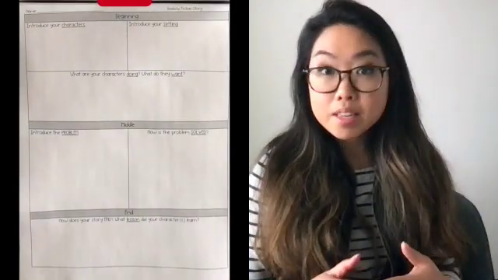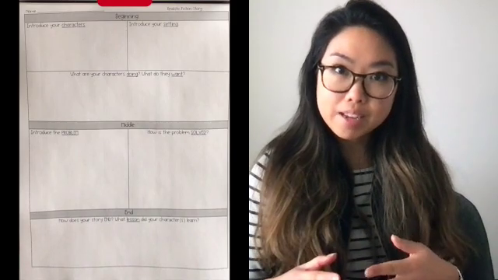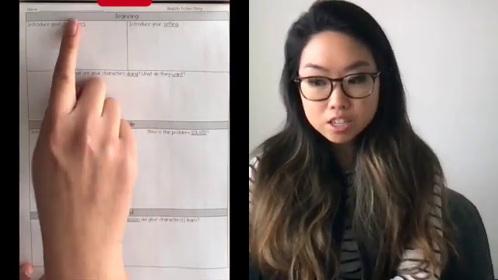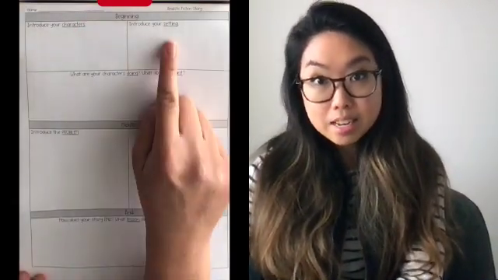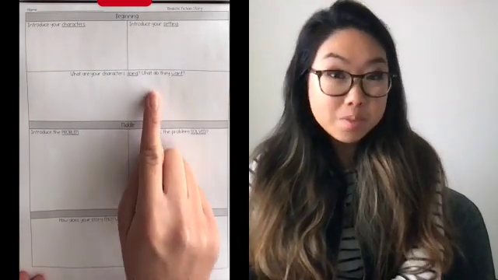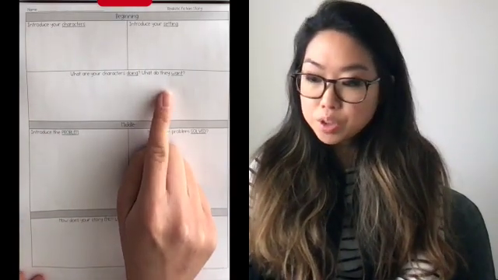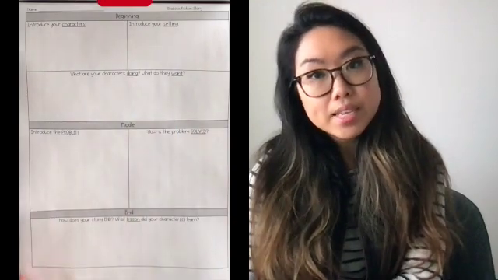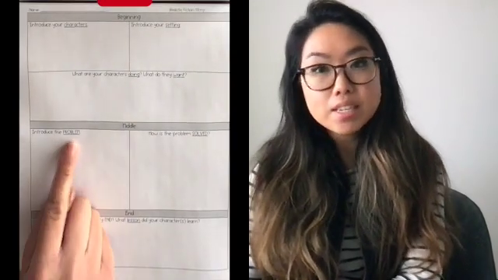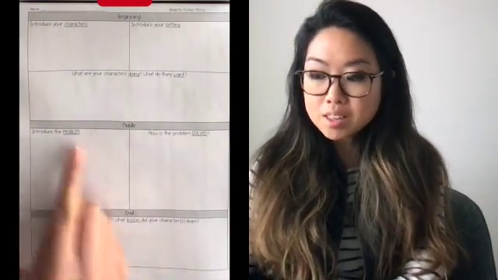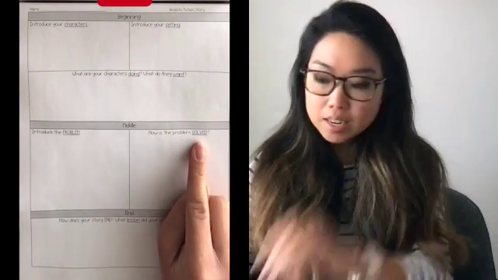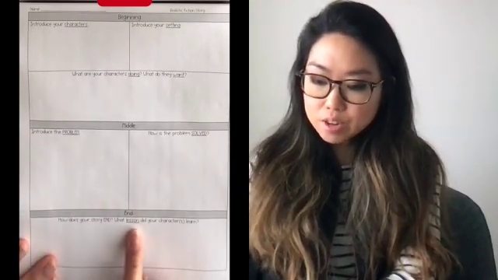This story map has those same things that we want to think about before we start writing. So we want to think, who are our characters going to be? Where's the setting? What are they going to be doing? What do they want? And then as we get into the story, we want to think about, what is the problem? How is the problem solved? And how does the story end? What lesson did your characters learn?